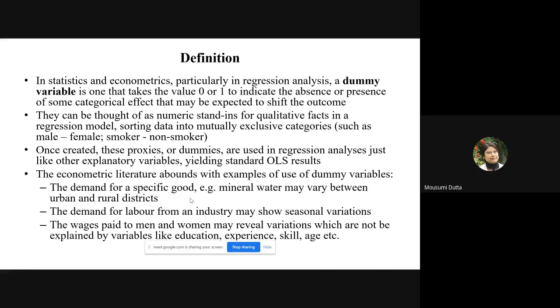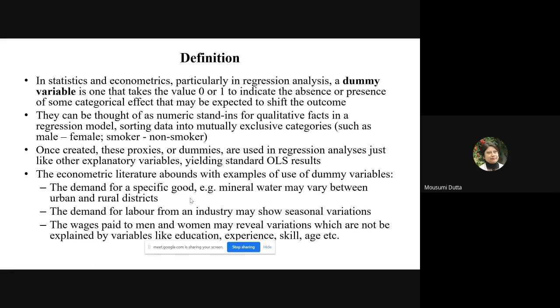The wages paid to men and women may reveal variations, gender discrimination, gender studies, which cannot be explained by variables like education, experience, skill, etc. Only because of difference in gender, we may get difference in wage rate.